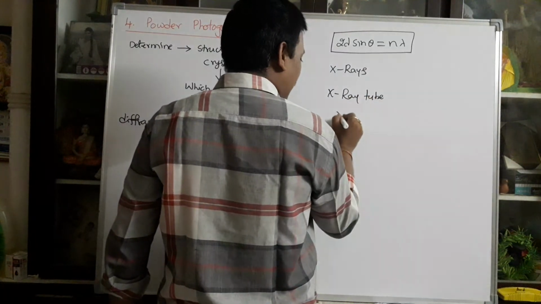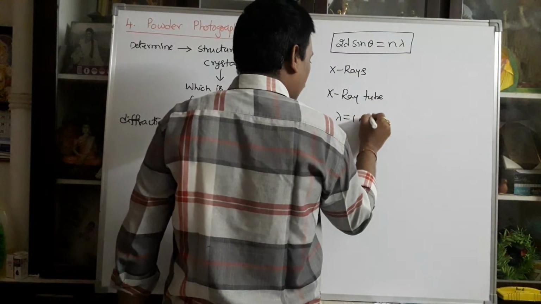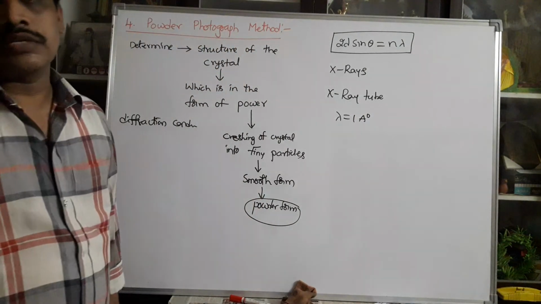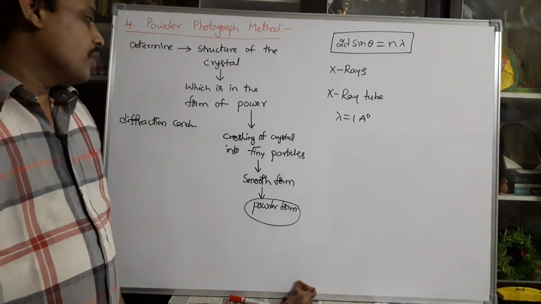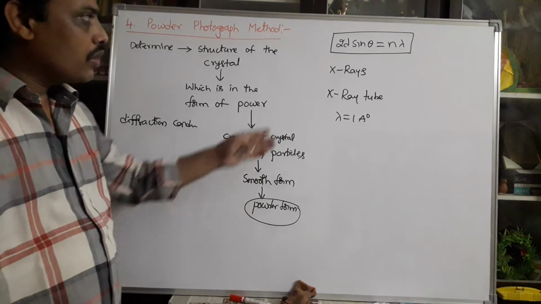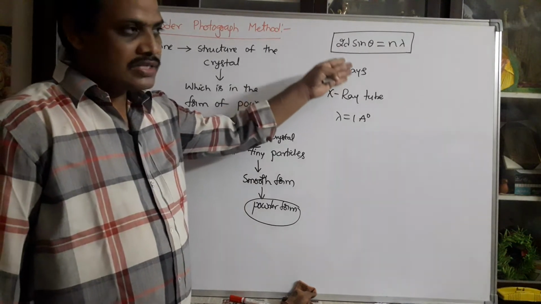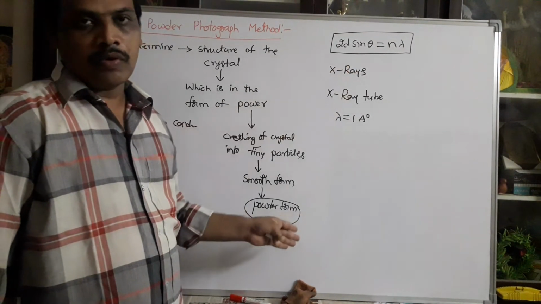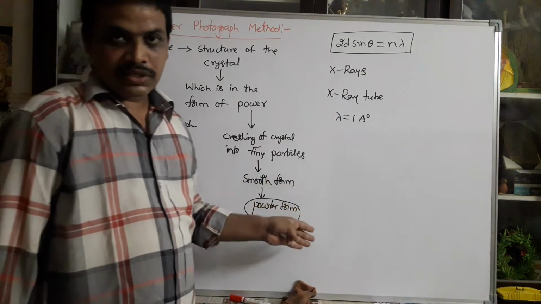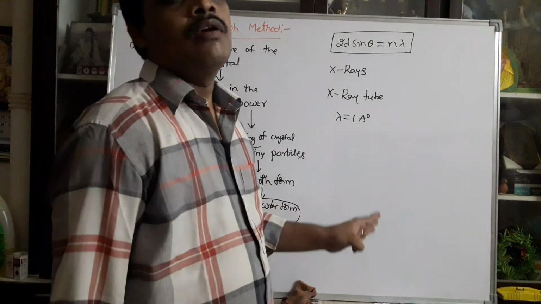The wavelength of X-rays must be about 1 angstrom. In this powder crystal method, the X-ray pattern falls on the powder crystal, and the diffraction phenomenon occurs.